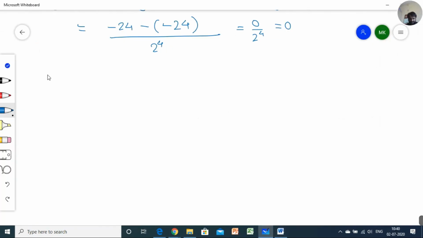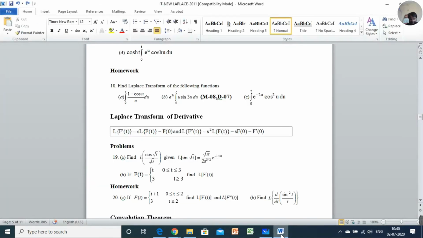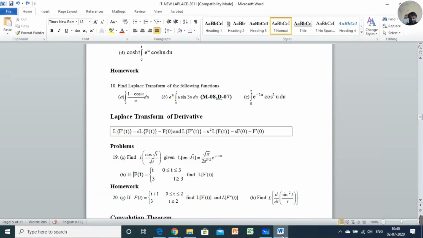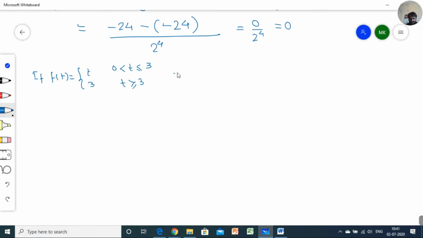If f of t is equal to t for 0 less than t less than 3, and f of t is 3 for t greater than or equal to 3, find the Laplace of f dash of t. So we have to find the Laplace of f dash of t.